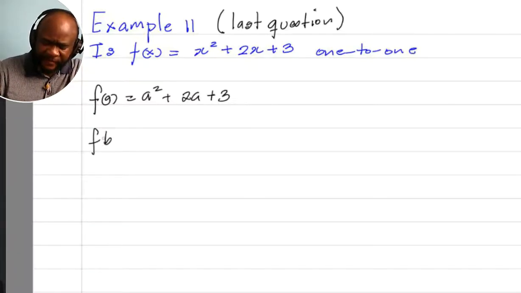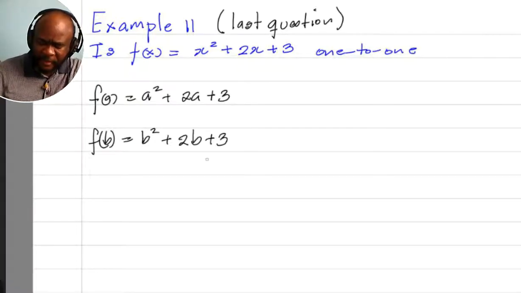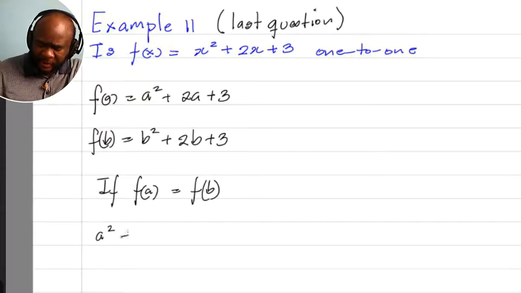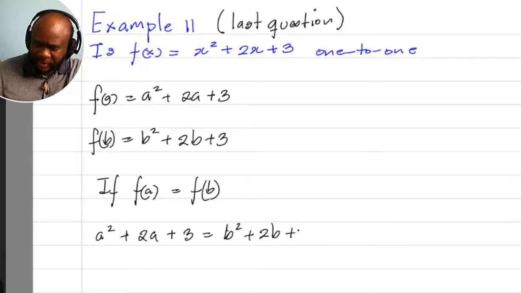F of B would be equal to b squared plus 2b plus 3. Now, if f of A is equal to f of B, let's see what happens.